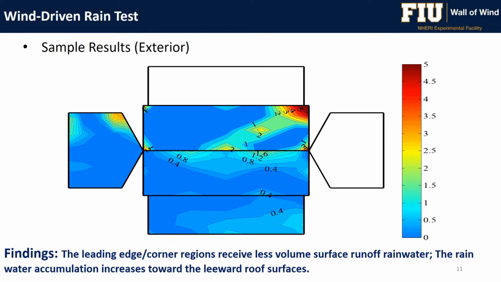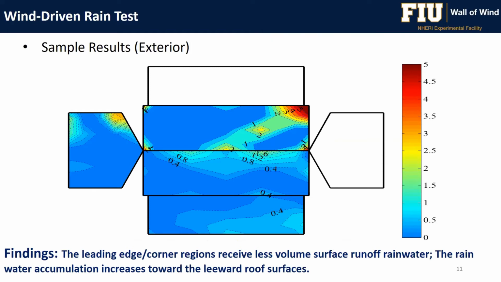This is a study that was done by Dr. Chowdhury. This is a contour plot similar to what you see with the wind pressures, but instead this shows the surface runoff rainwater distribution. What is interesting here is that the wind is approaching from the bottom left corner, opposed to what you expect when you see a pressure contour plot.